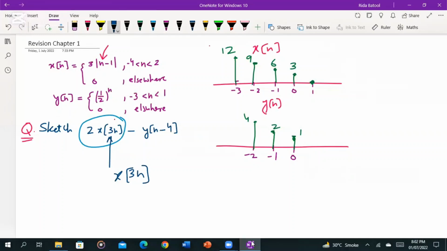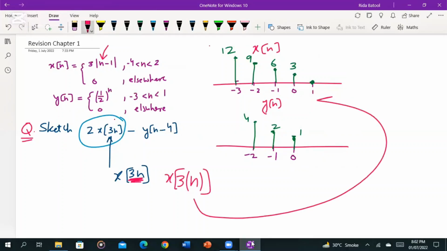Now you can see that 3 is being multiplied with the values of n. Basically, we have to multiply the values of n by 3.